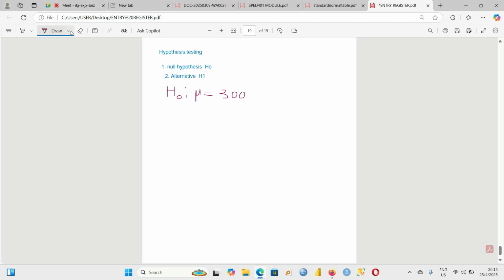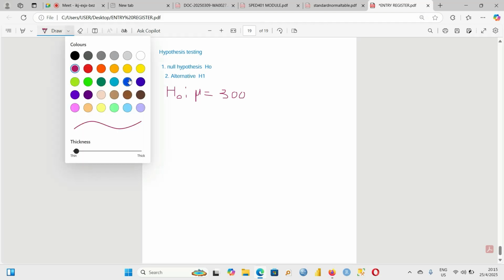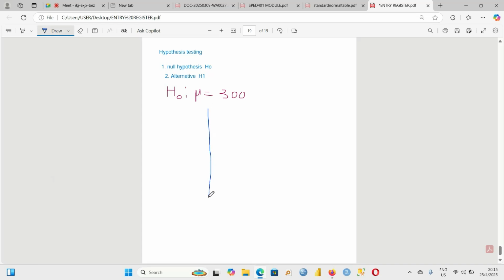For the alternative hypothesis H1, one can reject it in 3 different ways. When I say my mean salary is 300, one can say no, it is less than 300.